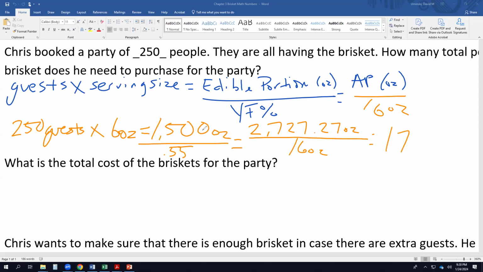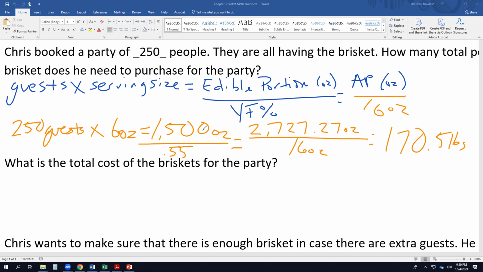And you get roughly 170.5 pounds. I need to order 170.5 pounds in order to make sure I have enough to feed 250 people.